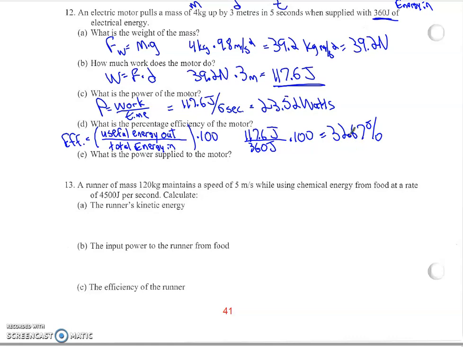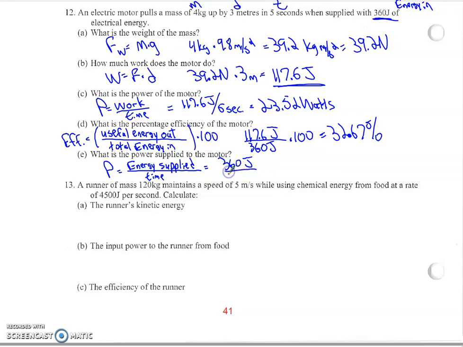Now, the power supplied to the motor. So what we have to look at for power supplied, it's the energy supplied divided by the time. So the energy supplied, according to the problem, was 360 joules.